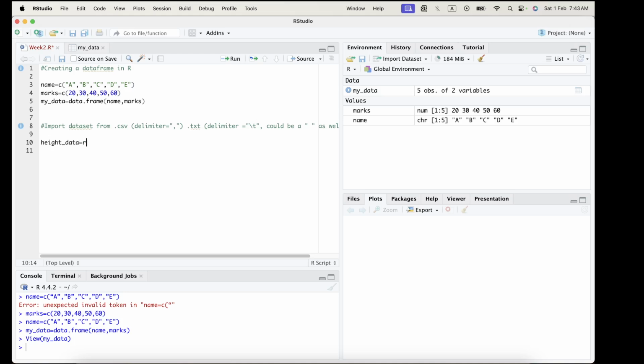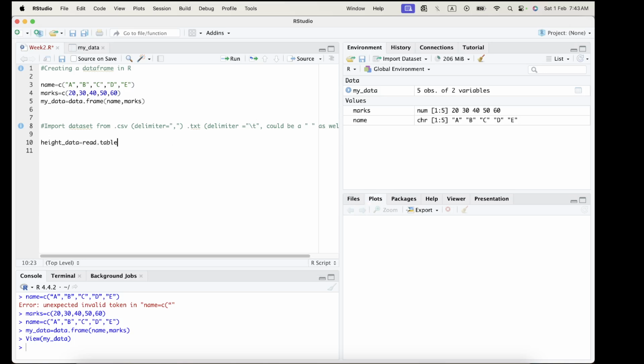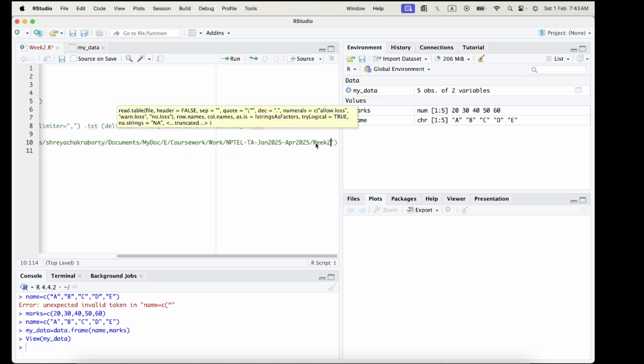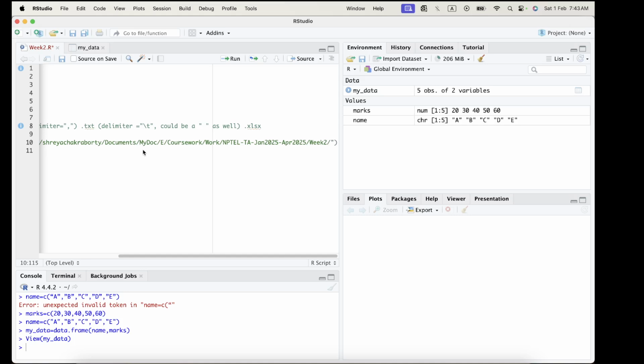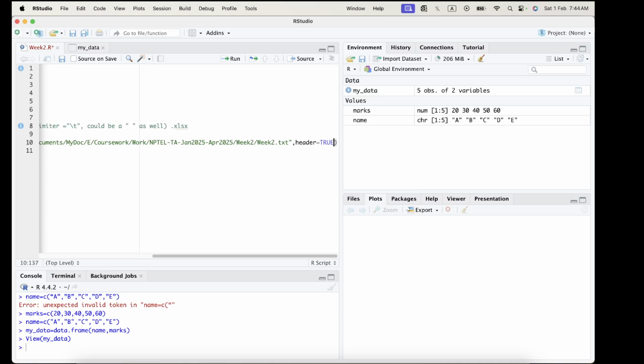So I'm going to write read.table, then within quotes I'm going to specify the path, and then the name of the text file that I've stored, and I want the headers, so I am going to explicitly specify header equal to true.